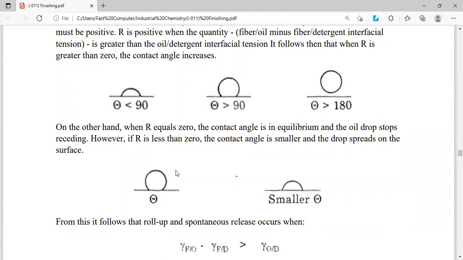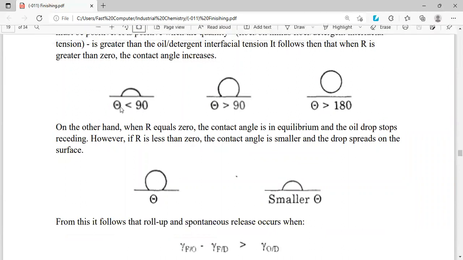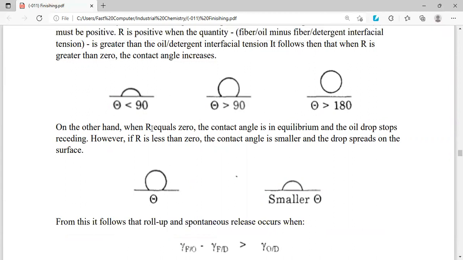These figures show different contact angles of oil and detergent. On the other hand, when R equals 0, the contact angle is in equilibrium and the oil stops receding. However, if R is less than 0, the contact angle is smaller and the drop spreads on the surface.